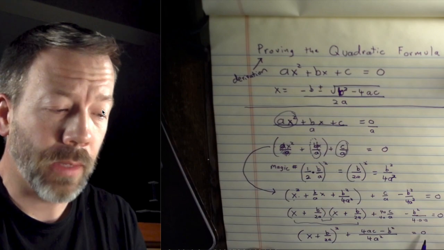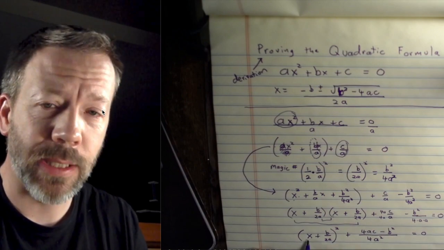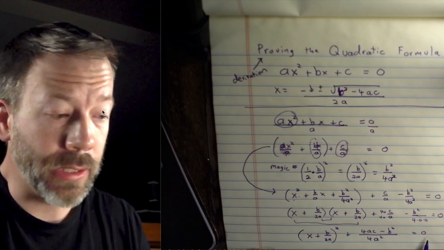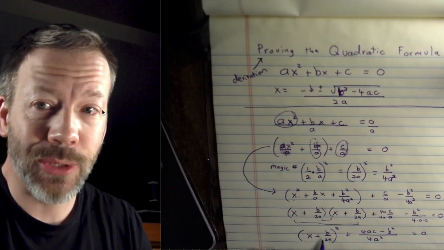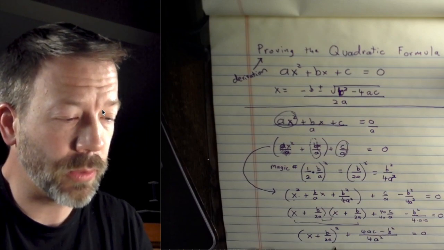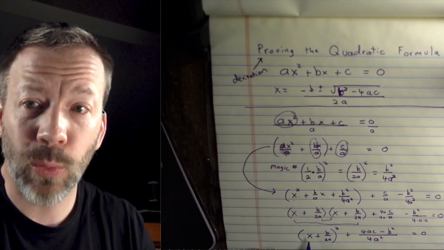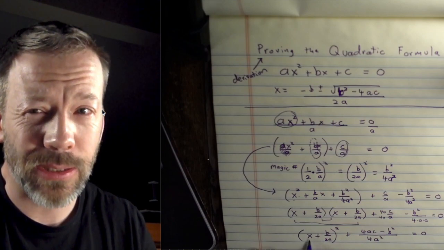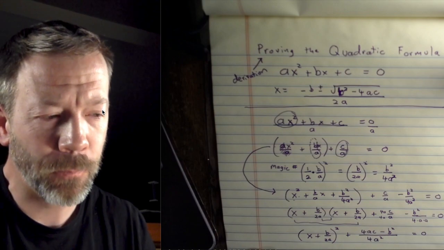And what I'm still trying to do is get the x by itself. Although it looks still kind of complicated, one thing that's really nice now is if you count how many x's do you see in this equation, count carefully. Nope, nope, nope, nope, nope, nope, nope. There it is, just one x. And that's going to be what's going to allow us to solve and get x by itself.